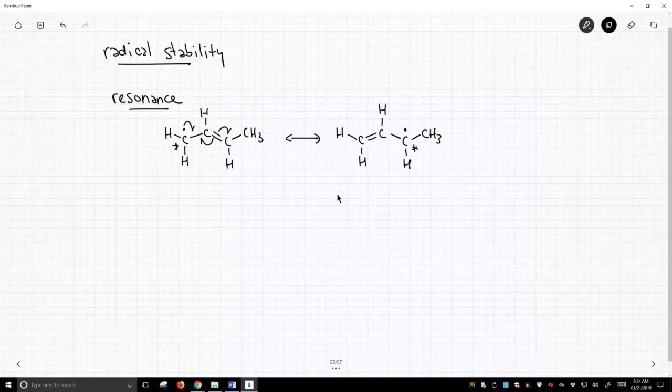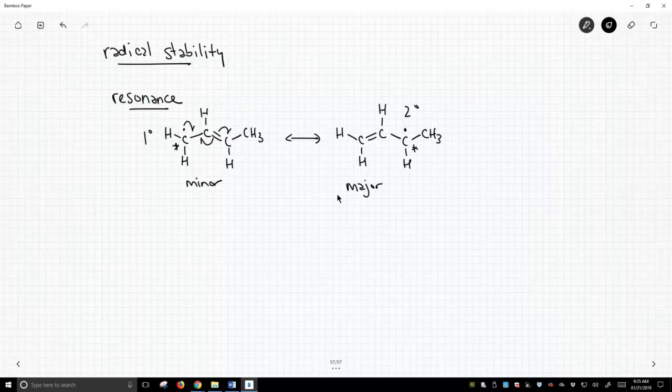Furthermore, if you look at these as two resonance forms, this would be the major contributor, and the one on the left would be the minor contributor, because this is a secondary radical versus a primary radical on the left. So, we can evaluate different resonance forms as different Lewis representations and apply our rules for relative stability, the whole nine yards.